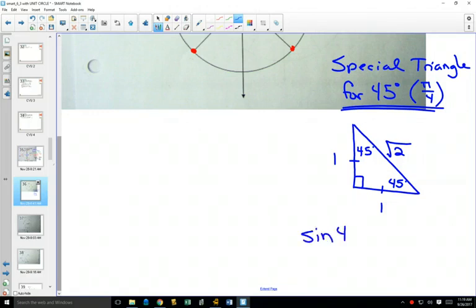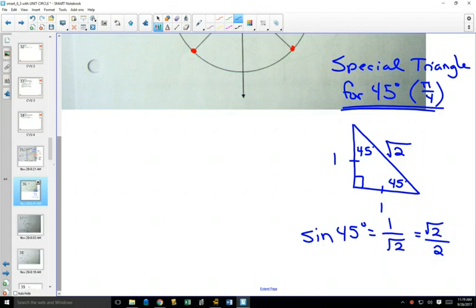Now that we've labeled those sides, we've just figured out sine of 45 degrees without our calculator. In fact, you could say we're smarter than our calculator, because from your triangle, sine of 45 degrees is opposite over hypotenuse. When we write things, we are going to rationalize the denominator, so multiply the top and bottom by root 2. So we can write it as root 2 over 2. We'll write it like that often.